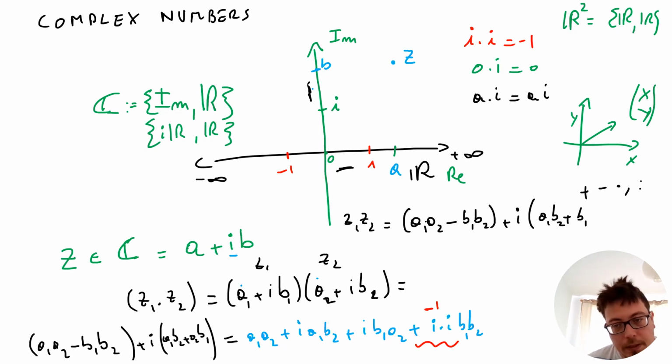So this is the new a, let's call it a3 plus i b3.